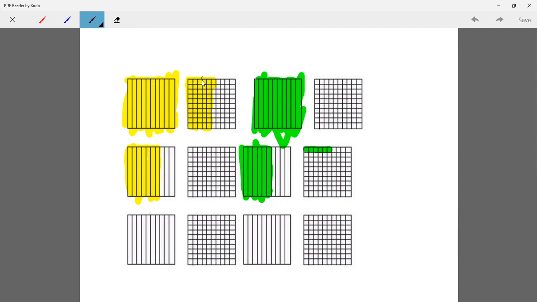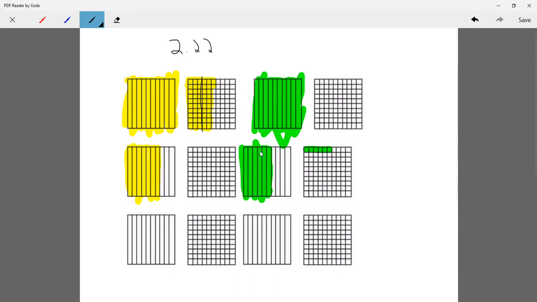So right here we could draw a line basically, and this would be 2, and then we would have 1, 2, 2 tenths, and then 2 hundredths, which would be 22 hundredths. So it would be 2 and 22 hundredths, and in this one it would be the same thing, right?